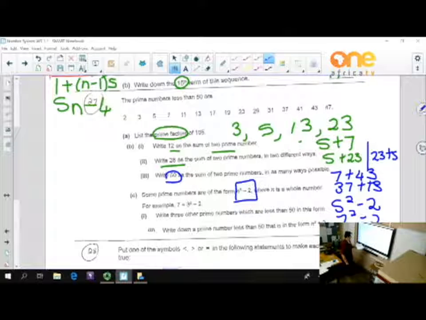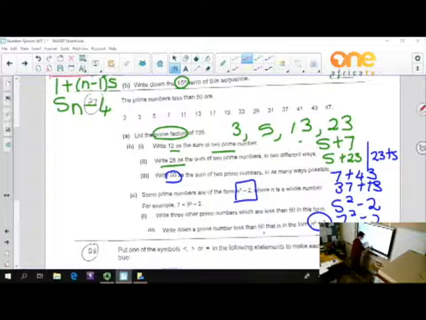And then write a prime number less than 50, which is in this form. Now look there, now it is plus 2, a prime number, which is n squared plus 2. This is error and trial. There is no formula there to get it out.